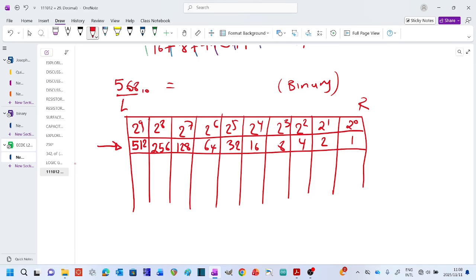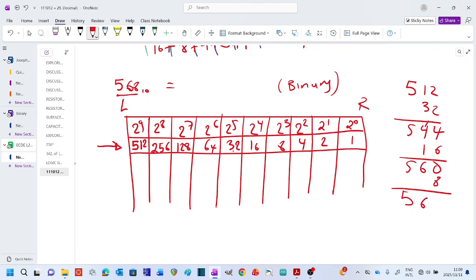We're going to have 512 plus 256, that's going to be big, plus 128 is also big, plus 64 is also big, so we start with 32. 512 plus 32 gives me 544, plus 16 gives me 560, plus 8 gives me 568. I cannot continue because I got exactly 568.